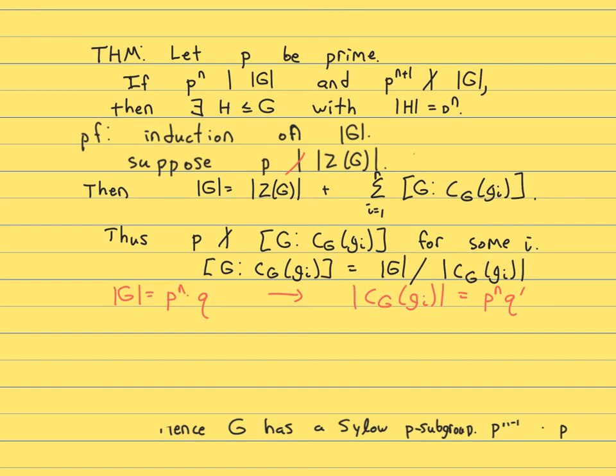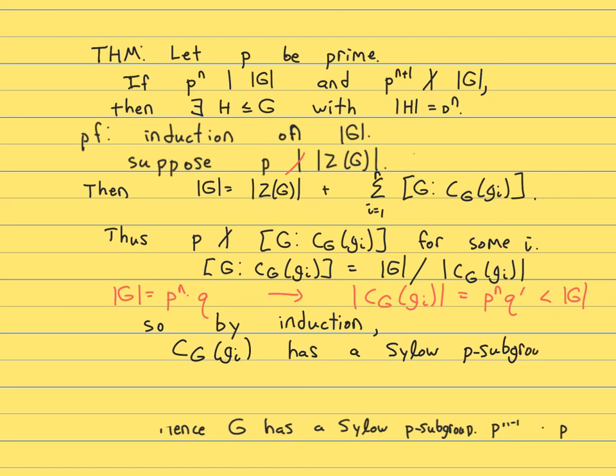And why do I need that? Because I need to point out that this is strictly less than G, so that we can apply induction to the centralizer. So by applying the induction hypothesis to the centralizer, which is order P to the N times some Q prime, the centralizer has a Sylow P subgroup of the appropriate size.